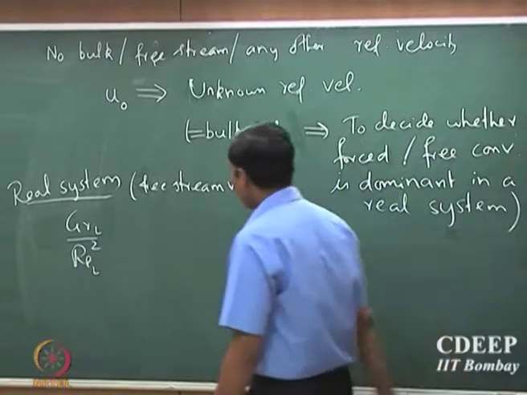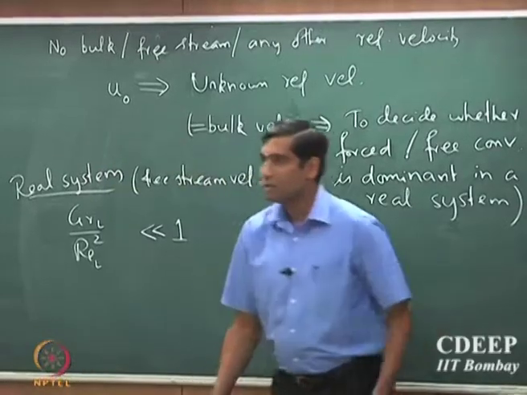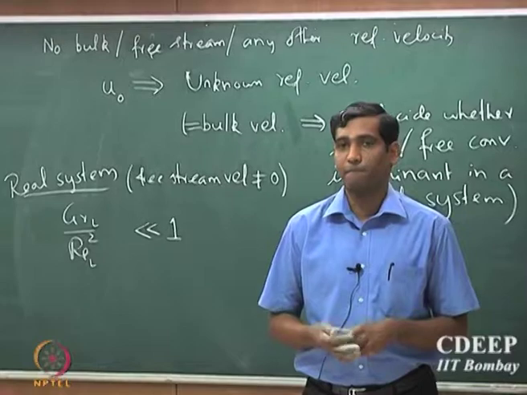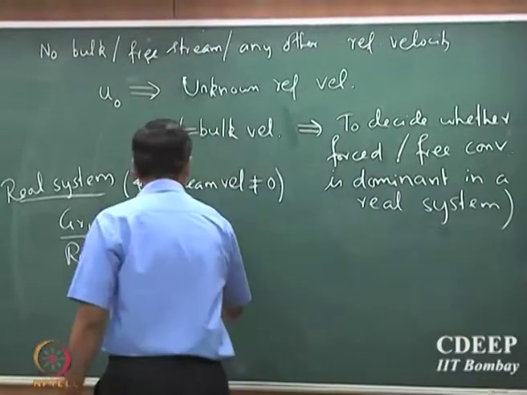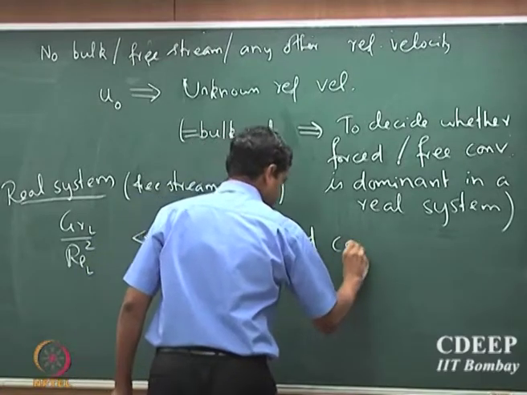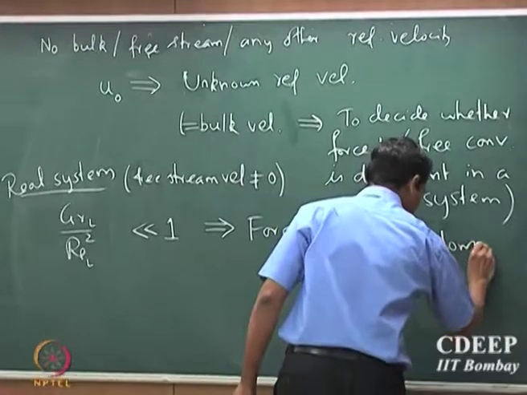Supposing it is much smaller than 1, what would you infer? Which one is important, forced or free convection? Forced convection dominates.